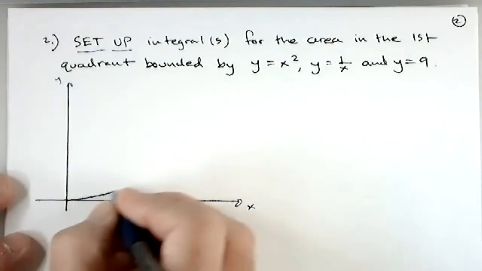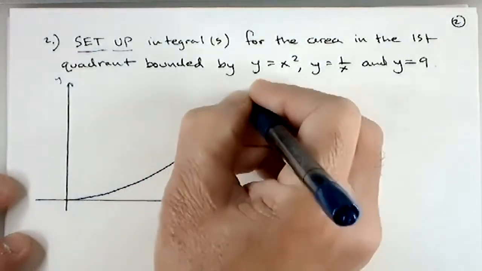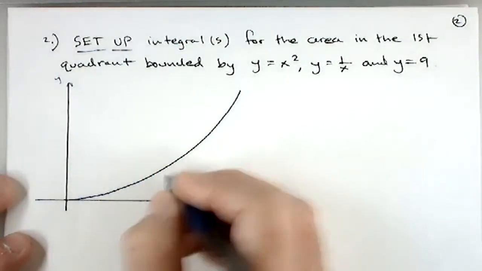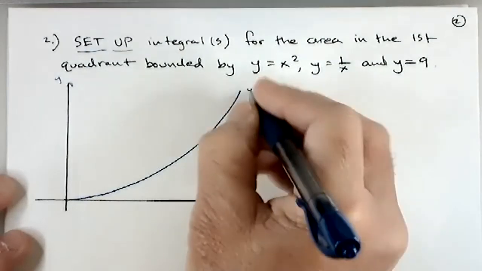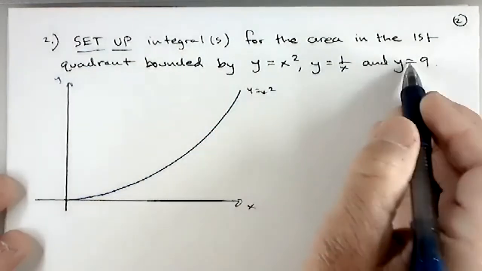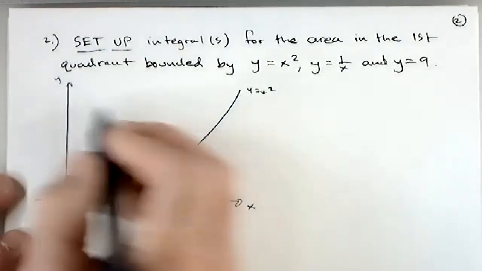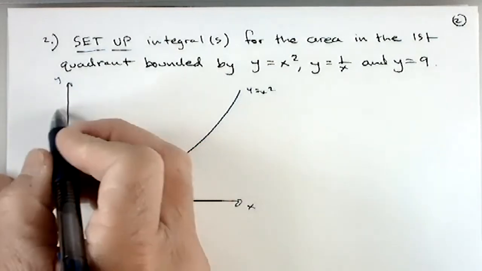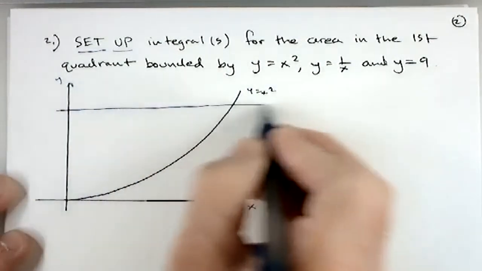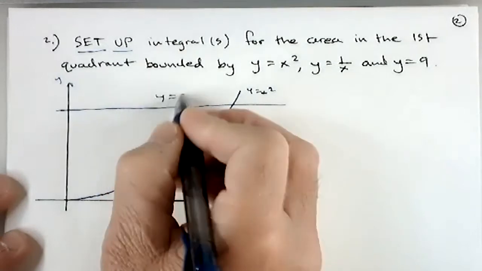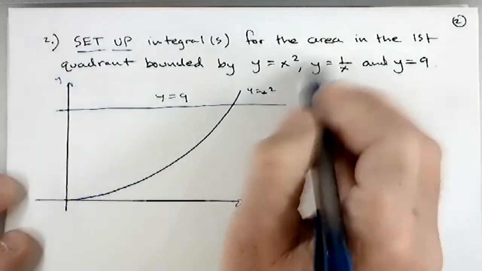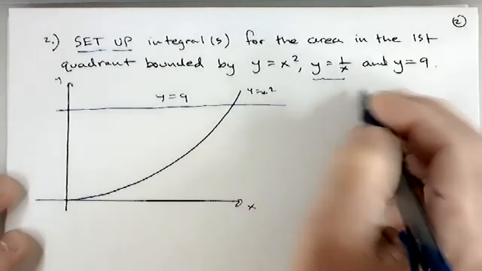So that would look like this. I'll leave it like that for now. y equals x squared. y equals 9 is just a horizontal line. And then, hopefully you know the graph of y equals 1 over x.